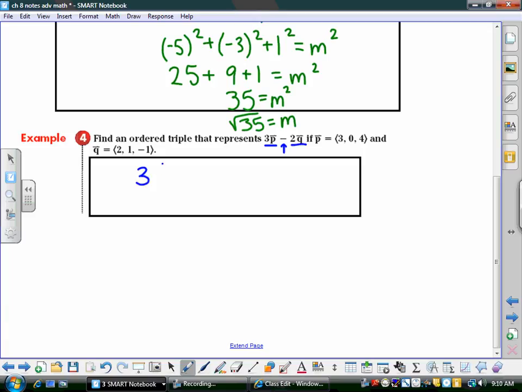3p is 3 times (3, 0, 4) minus 2q, and q is (2, 1, -1). So we'll use order of operations and multiply first.